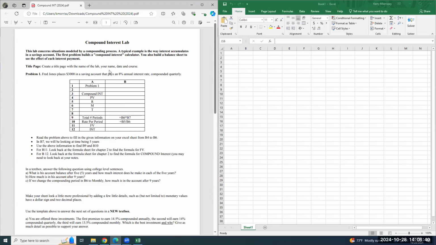So first, let's create a title page with the name of your lab, your name, your date, and your course. So I'm going to go ahead and label this as your title page. On your title, compound interest lab. We have your name.